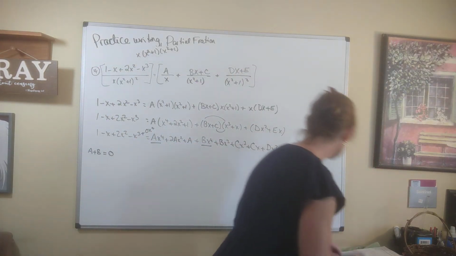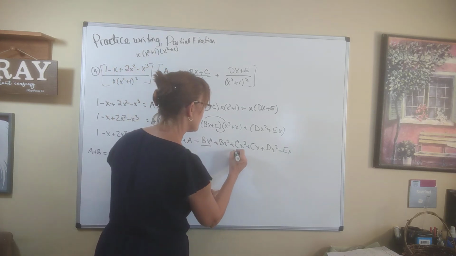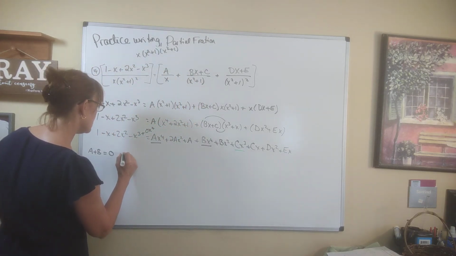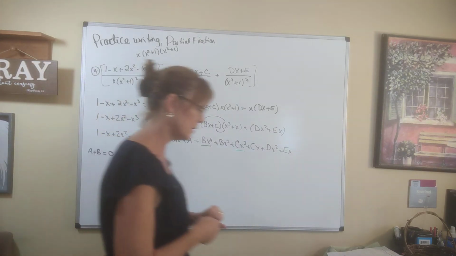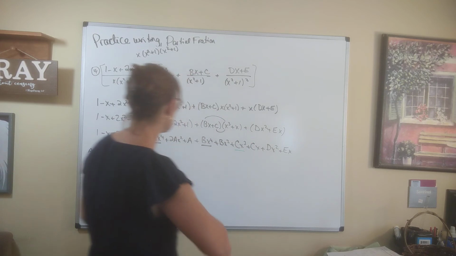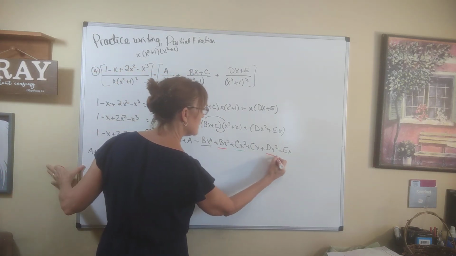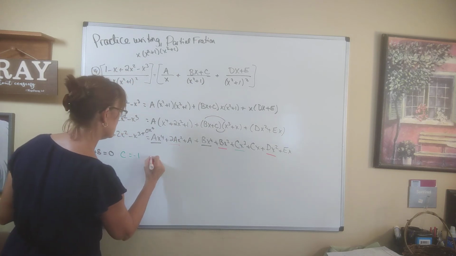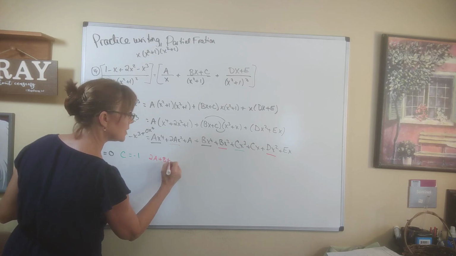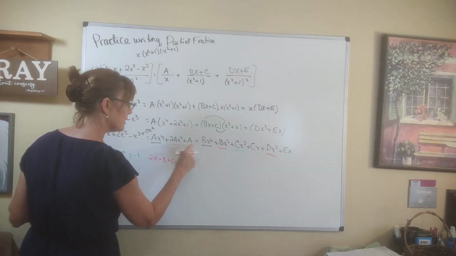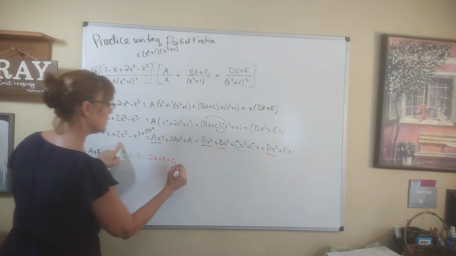I have only 1, and I get that c is equal to negative 1. All right, that's good. X squareds, I have here, here, here. So I get that 2a plus b plus d is equal to 2.